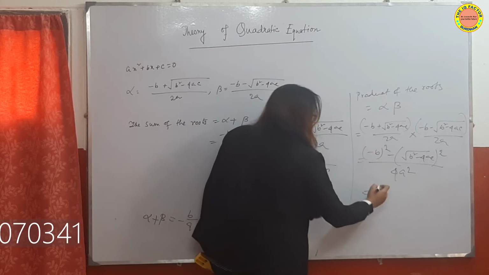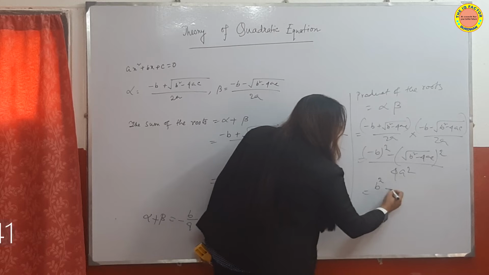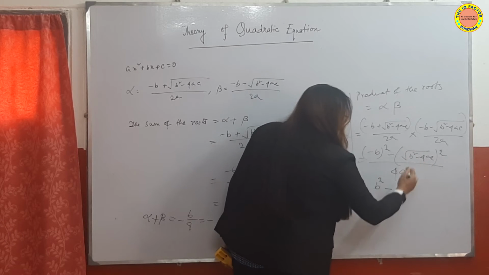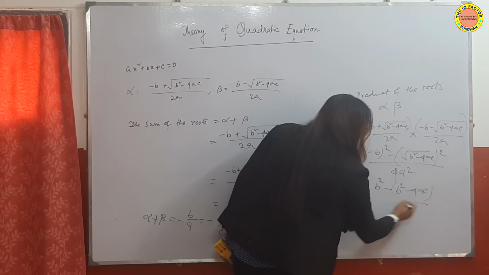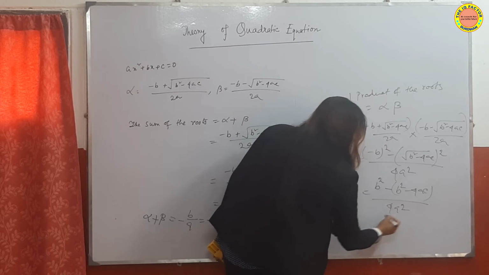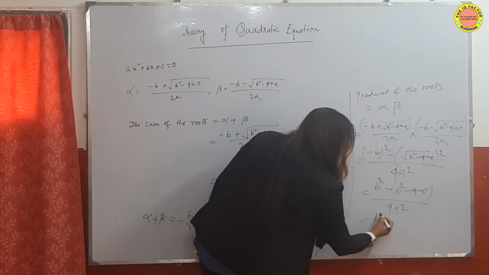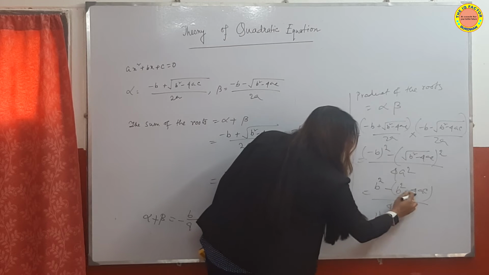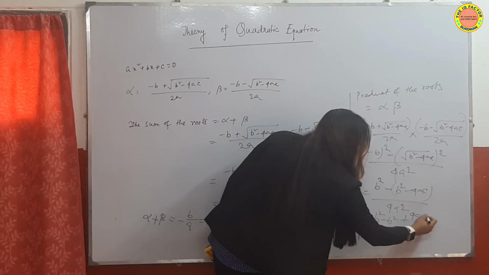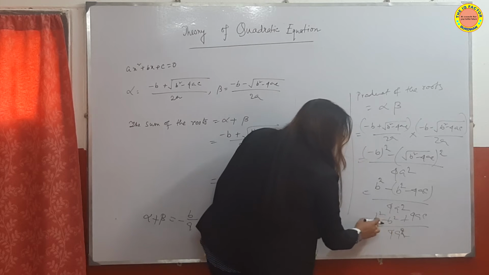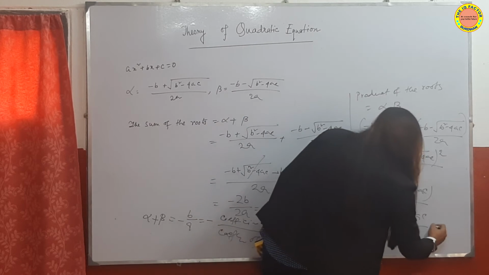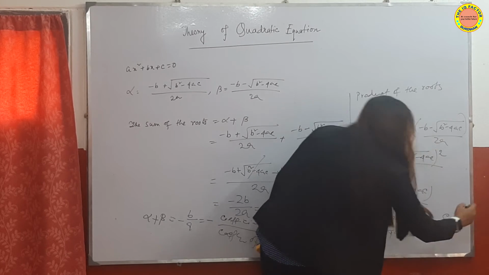So minus b whole square, that is b square, and this whole square means the square root will be omitted. So that is b square minus b square plus 4ac by 4a square, which is c by a.